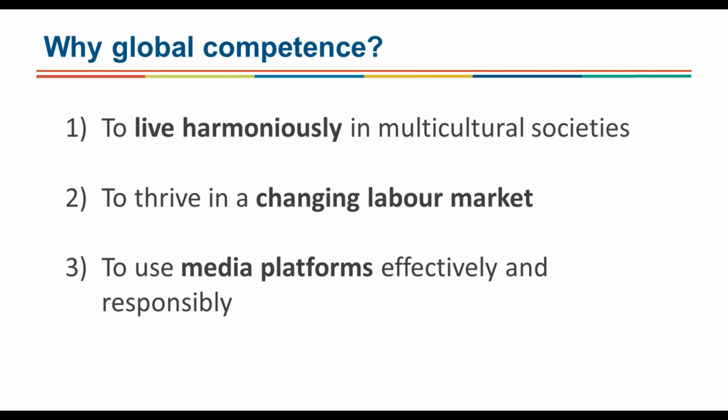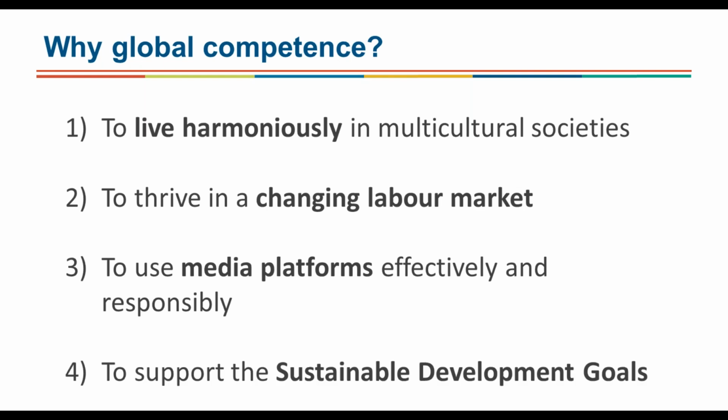And likewise, the unlimited access to information that the internet provides is sometimes paired with a basic lack of media literacy. This means that young people are easily fooled by partisan or biased news or fake news, which seems to be the buzzword of the moment. So global competence can also help students to use media platforms effectively and more responsibly.